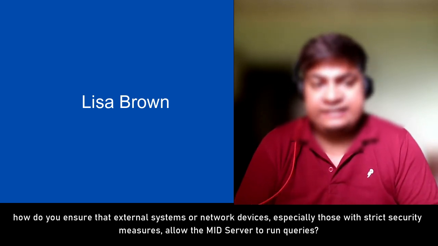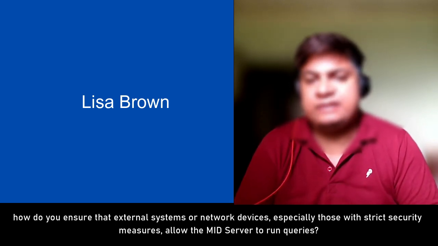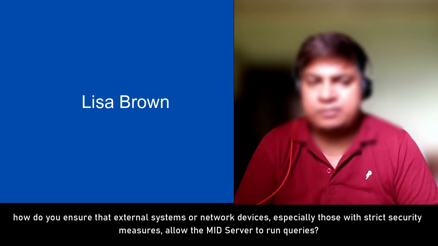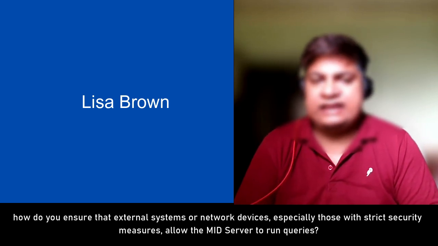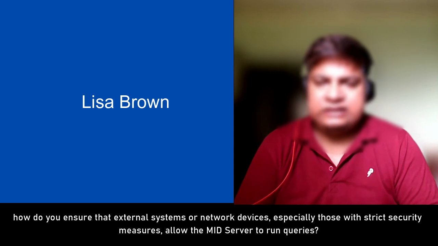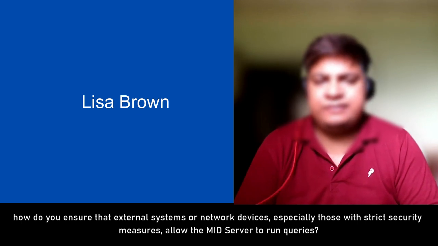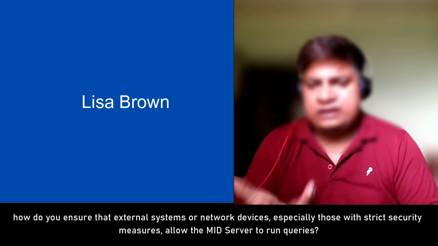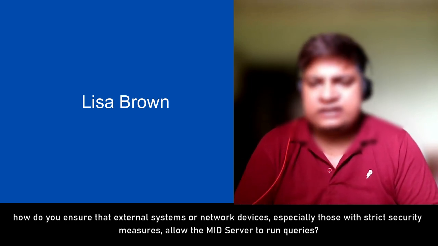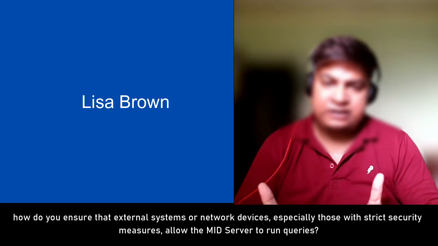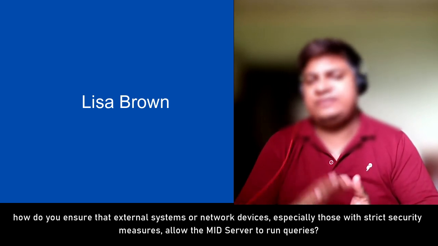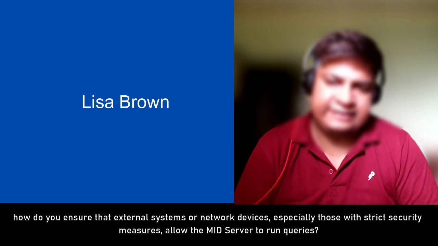If a network device has strict security measures, like restricting connections from an IP address, then we have two options here. The first one is you can update the device configuration to allow the MID server to query it and run commands through it. For example, a router might allow specific IPs to perform SNMP queries.